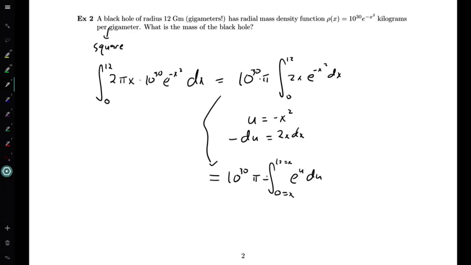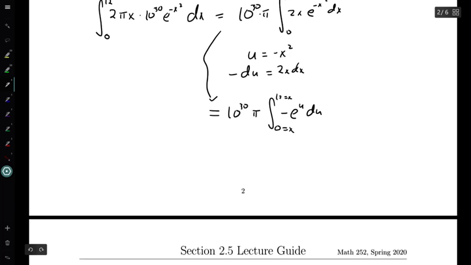All right, so now we know how to integrate e to the u. It's just e to the u. So this is 10 to the 30 times pi times minus e to the u, evaluated from x equals 0 to x equals 12, which is minus 10 to the 30 pi times e to the minus x squared, evaluated from 0 to 12.